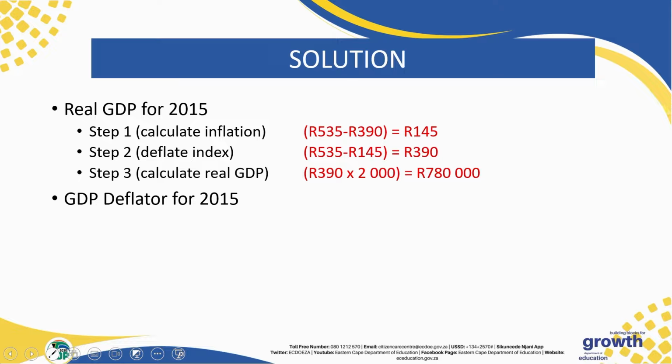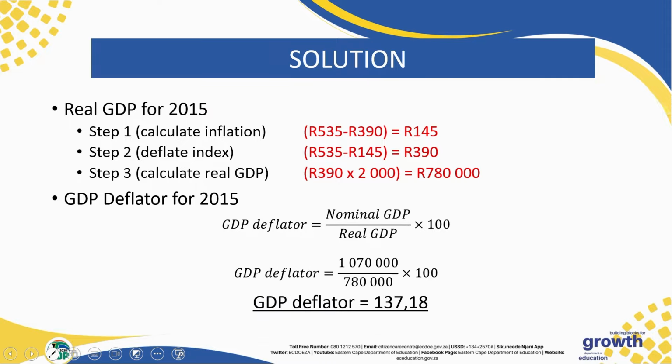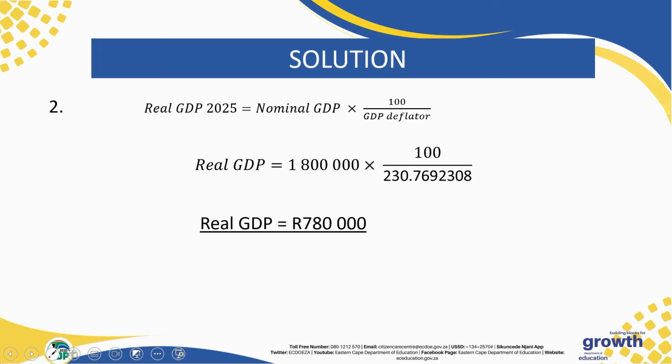Now you use that information to calculate the GDP deflator. You copy the formula, you substitute on the formula, and then you get your GDP deflator. This is the actual GDP deflator. For the second part, you copy the formula for real GDP, and then you substitute with the GDP deflator that was given on that particular question, and then you get your real GDP.